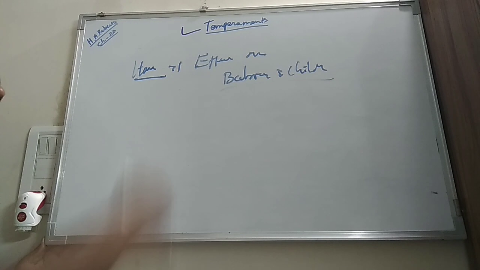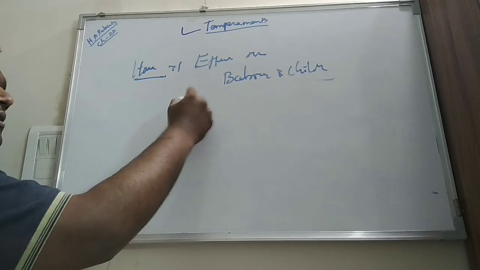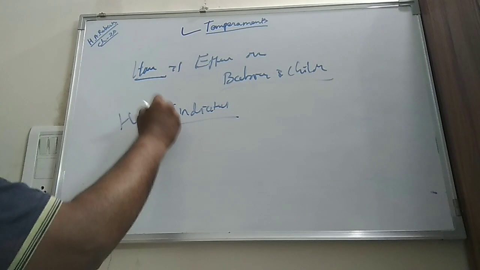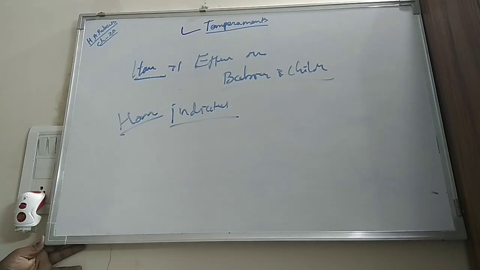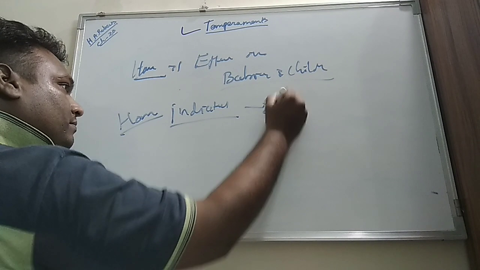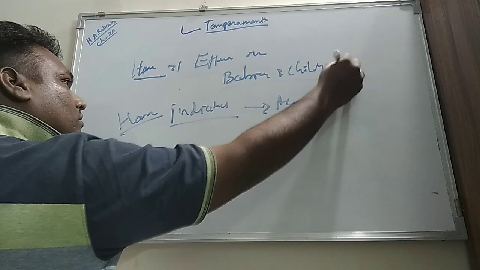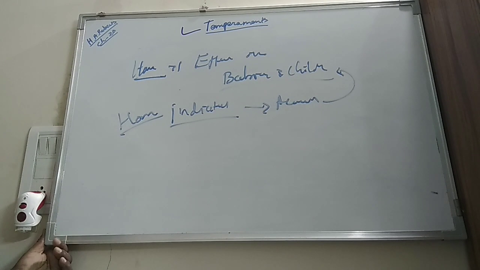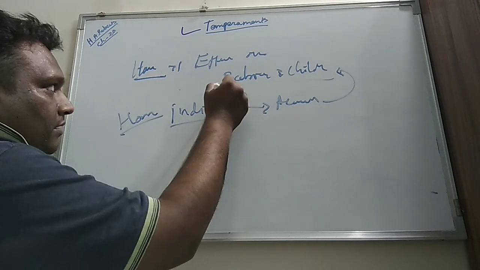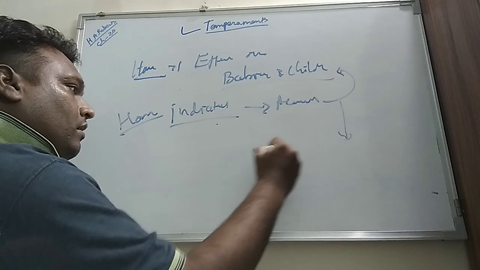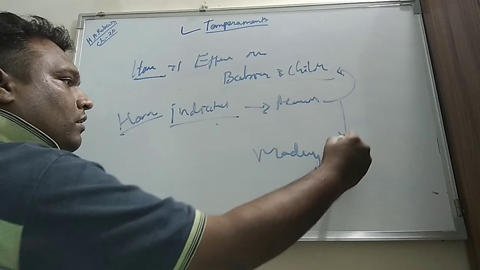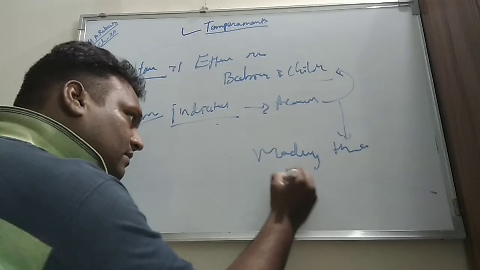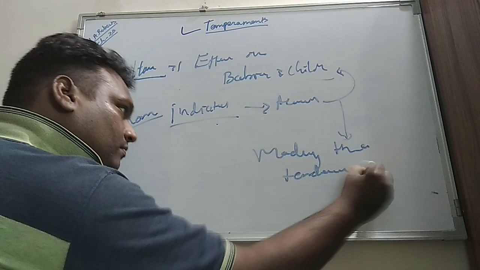If a homeopathically selected medicine is indicated, homeopathically indicated medicine prescribed accurately on babies and children, they can modify the morbific tendencies.